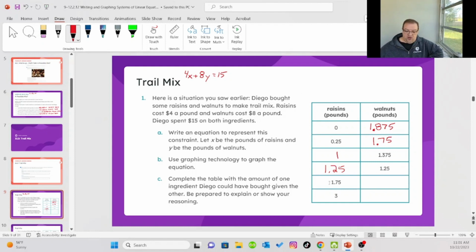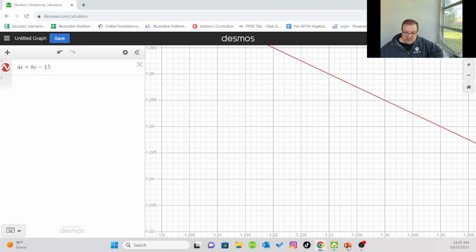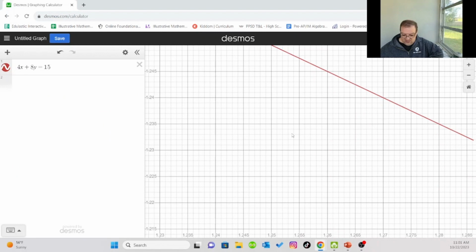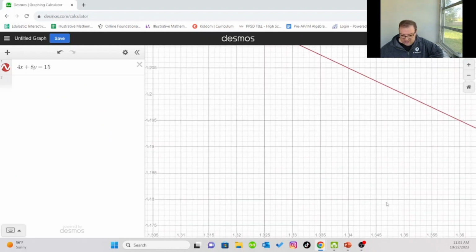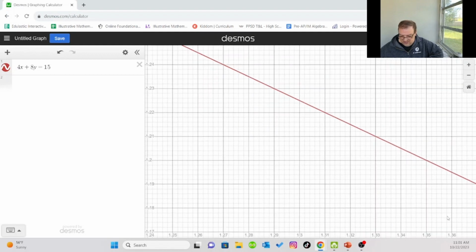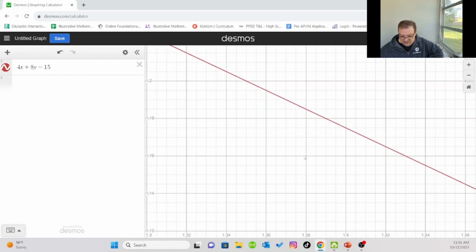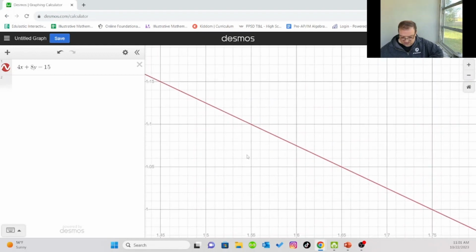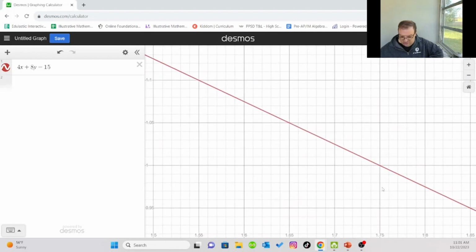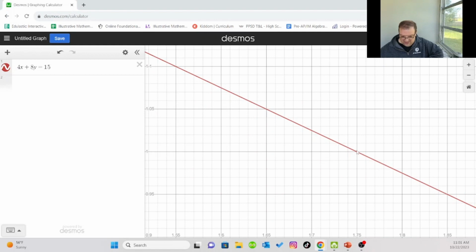Now we want to go until our x value is 1.75. So now we are looking for an x value of 1.75. You might want to zoom out a little bit to make this go a little quicker. Here is 1.75.